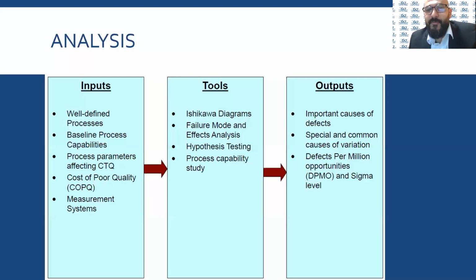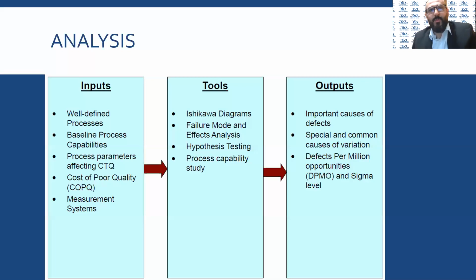The other one, the failure mode and effect analysis. This is another important chart that we're going to use. Hypothesis testing. I'm not going to focus that much on the hypothesis testing. We focused on this briefly before in the measurement phase, but we're not going to focus on this tool in this video.